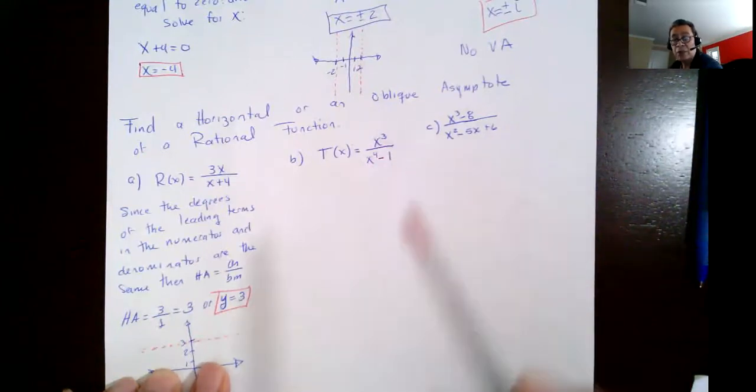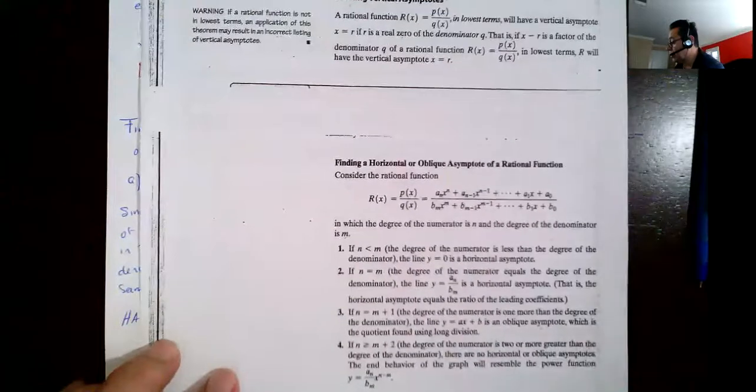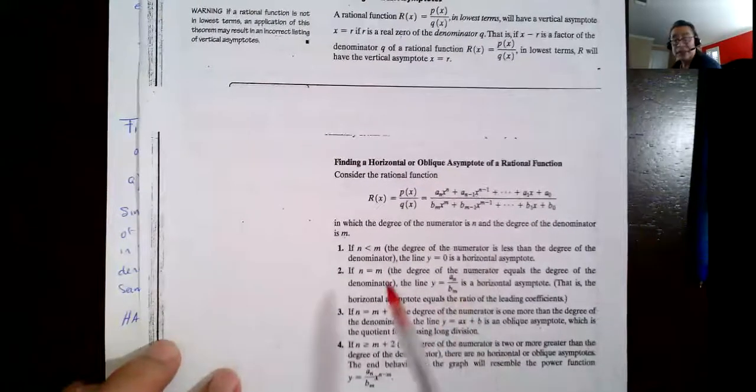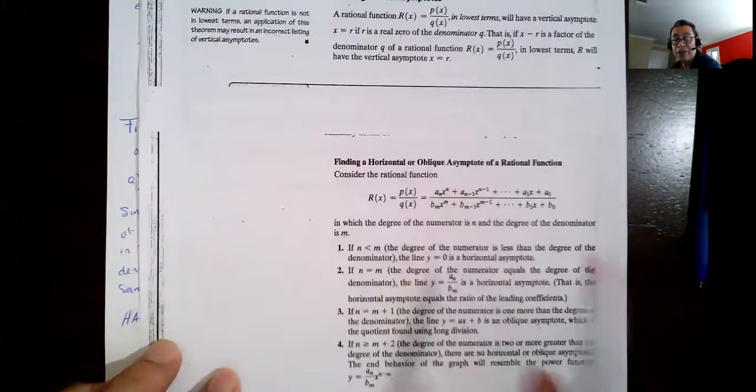For B, if we go back to the rules that we have right here, this applies to case number 1, where m is greater than n. The degree of the denominator is larger than the degree of the numerator. So here, the line y equals 0 is the horizontal asymptote, okay?